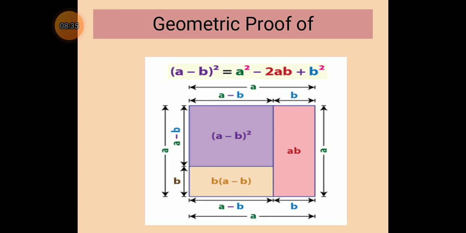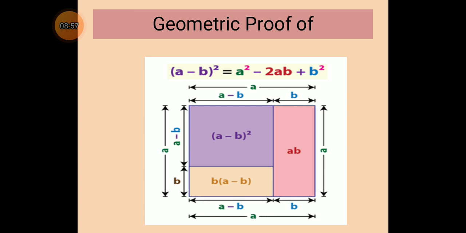If from the big square we remove these two rectangles, the yellow one and the pink one, we get that (a minus b) whole square. Now, let us write (a minus b) whole square is equal to a square minus ab minus b of (a minus b). That becomes a square minus ab plus b square.